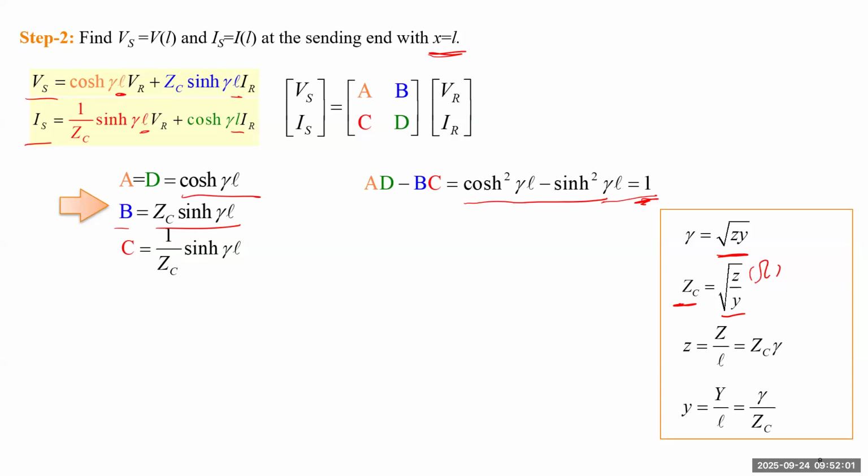We also know that the lowercase z is the capital Z, the total impedance, divided by the length. Lowercase y is the capital Y divided by the length. And from the first two formulas, you can easily know the lowercase z is also gamma times ZC. The lowercase y is gamma divided by ZC.